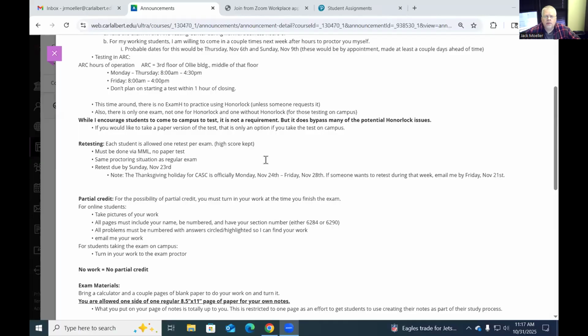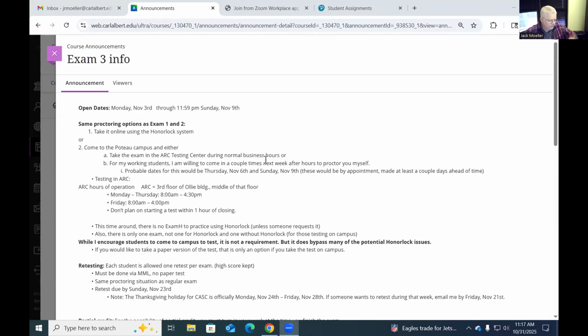So in Blackboard, you should have seen the announcement on the test. This being our third test, by now, if you took the first two tests, you know how the third test works. The dates are from Monday, November 3rd. That'll open up first thing in the morning, and then it has to be done by basically midnight on Sunday the 9th for your first attempt.